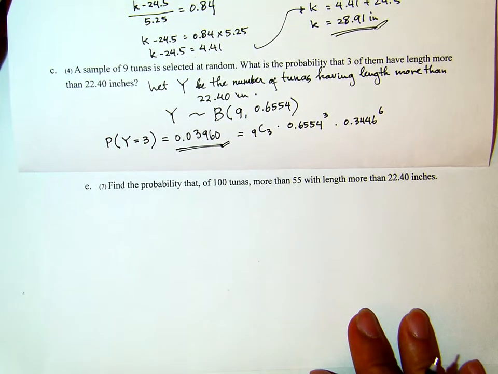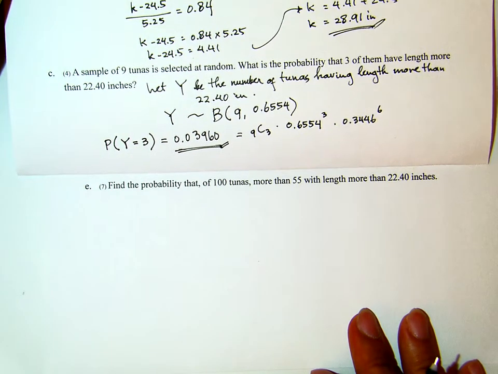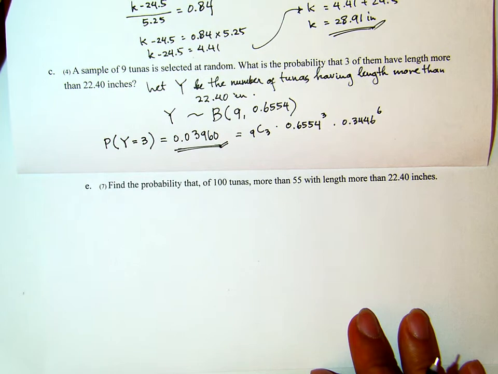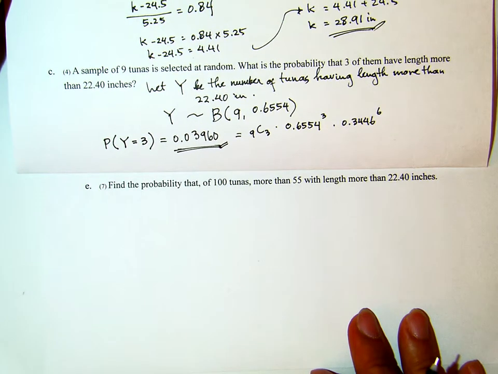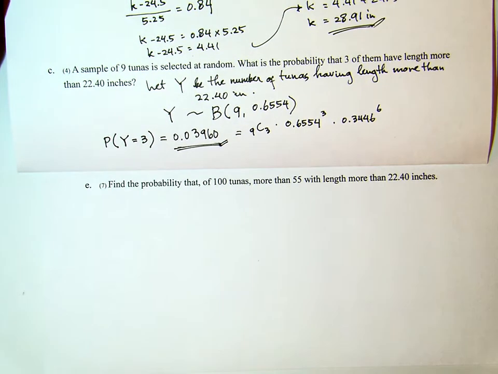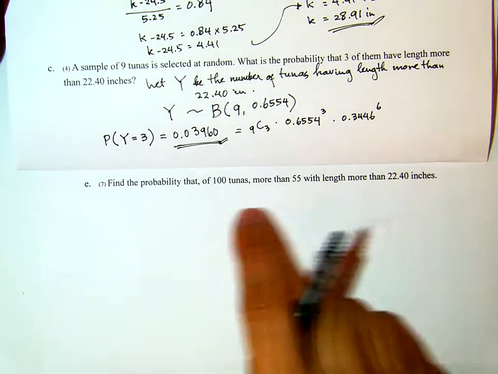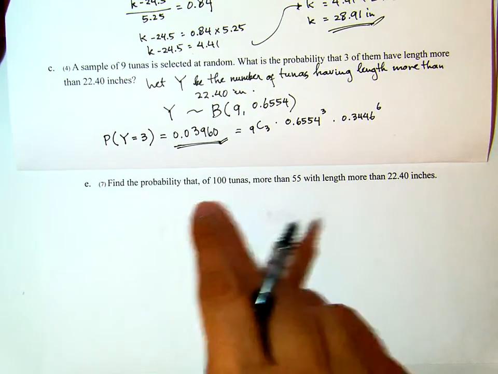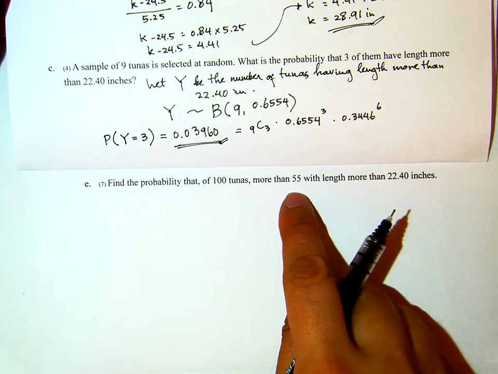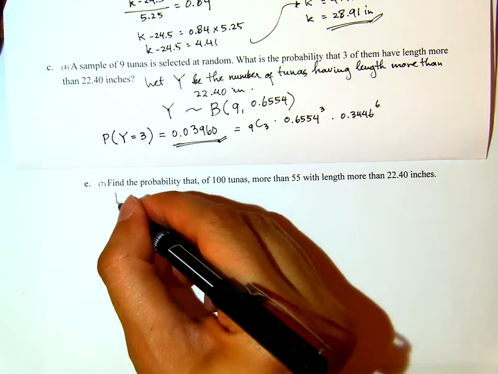The difference is in part C there are only 9 tunas, right? In part E here there are 100 tunas. And then the question is not only what is the probability that only 3. Instead, the probability in question here is what is the probability that of 100 tunas, more than 55 have that kind of length. Now let's define a new random variable.